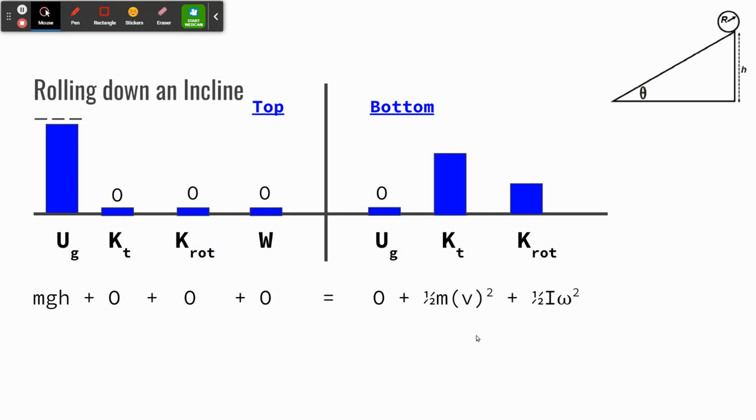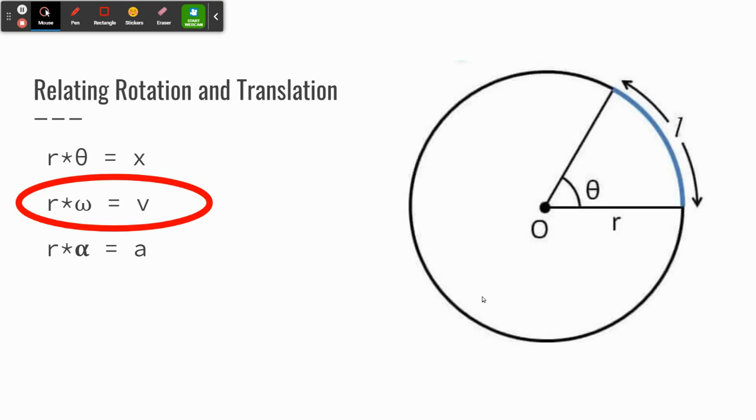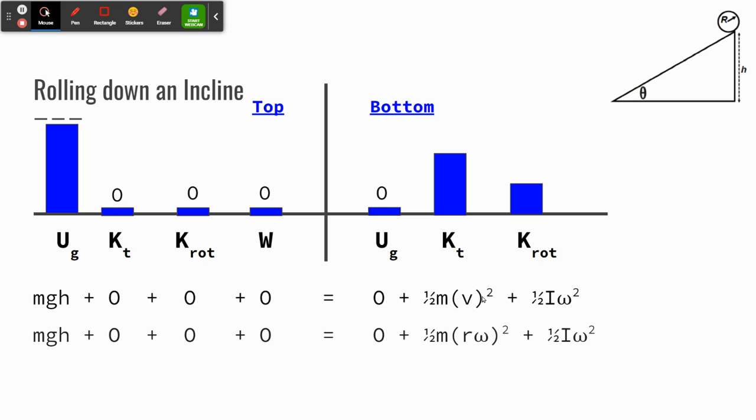If I wanted to solve for this angular velocity at the bottom, then it would make sense for me to put both of these in terms of angular velocity. Well, we just said that velocity is equal to r times my angular velocity. So I'm going to substitute that in. Instead of velocity right here, I'm going to put in my radius times my angular velocity. And the place that everybody makes a mistake is this next part.